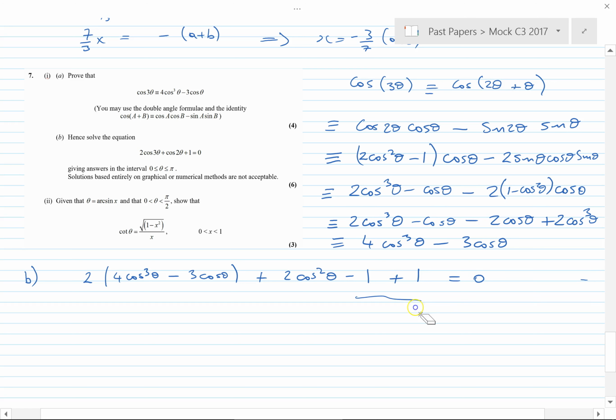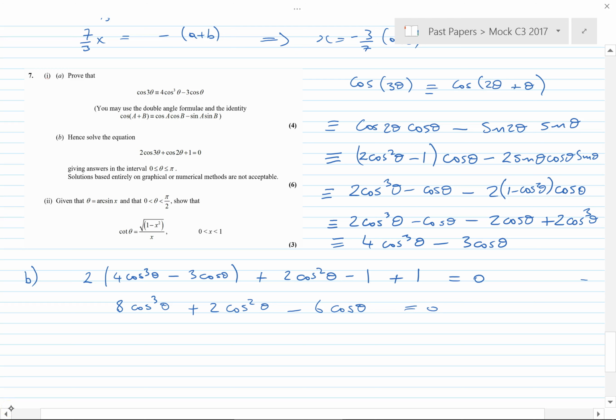These cancel quite nicely. So I end up with 8 cos cubed theta minus 6 cos theta, plus 2 cos squared theta, and then minus 6 cos theta equals 0.